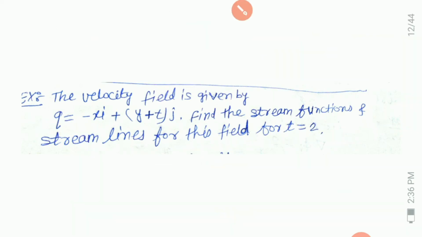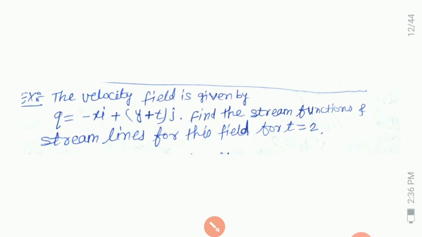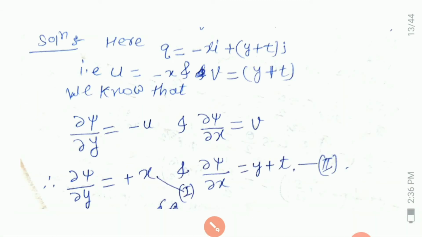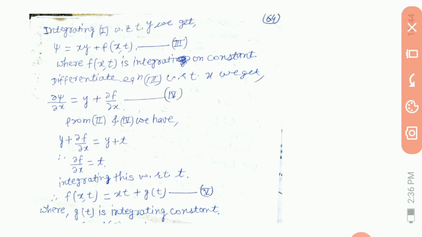So this is equal to psi. Psi is equal to xy plus f of x, t. Here this f of x, t is the integration constant. Suppose this is third. Now again differentiate this equation third with respect to x.